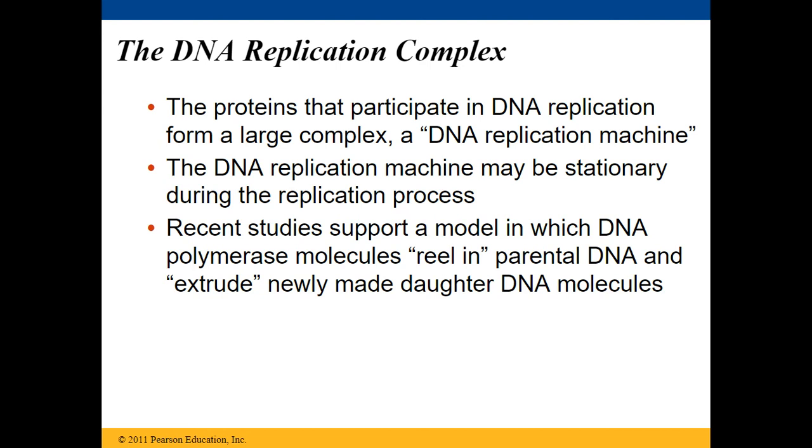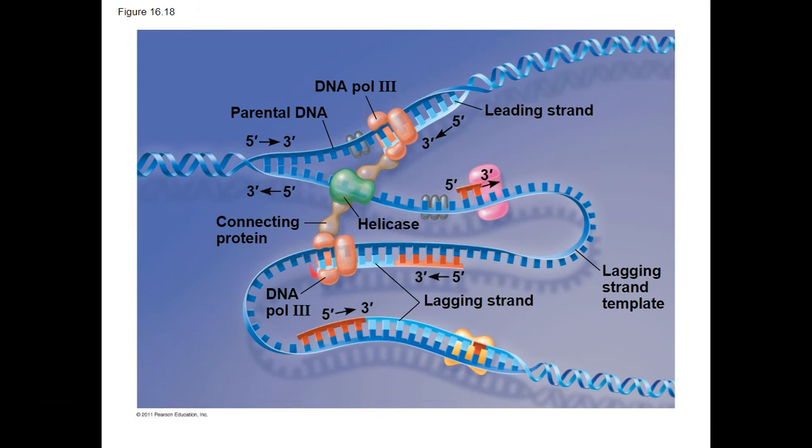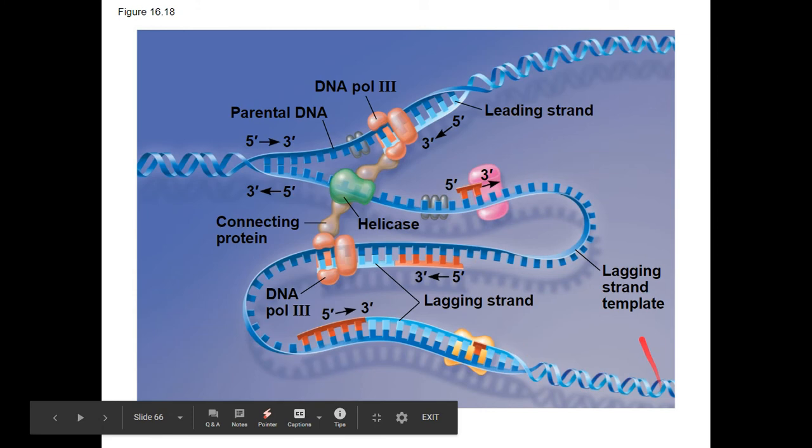Recent studies have supported a model in which DNA polymerase and their nucleotides are being reeled in through the parental DNA and then extrudes or gets rid of the newly made DNA molecule. So this is what that would look like. Here's our complex, totally stationary. The DNA is being pulled through. This way you get one new strand out here and a second new strand out here.